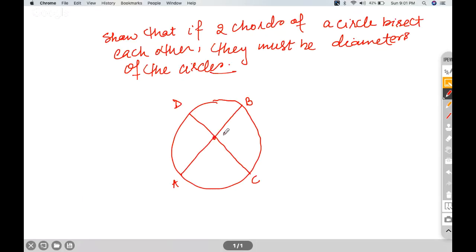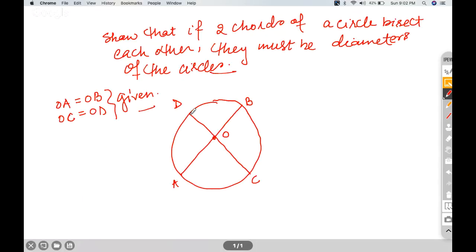They are intersecting at point O, and they are bisecting each other. It has been given. So I'll have to take OA is equal to OB, and OC is equal to OD. That has been given to me.